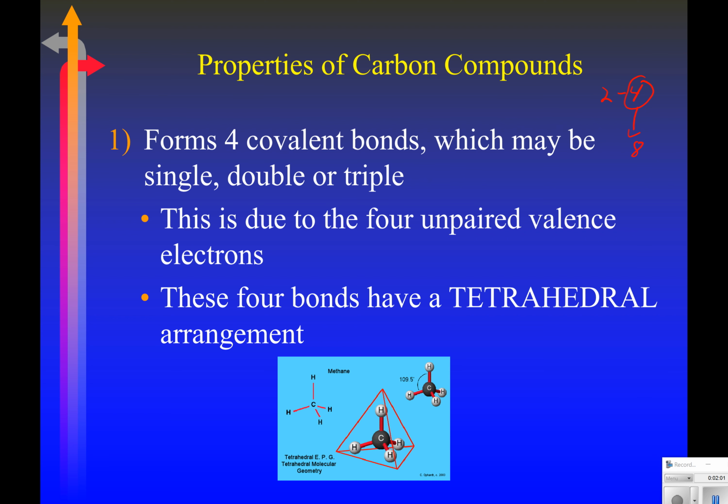And that's due to the 4 unpaired valence electrons that every carbon atom has. This gives a carbon compound what we call a tetrahedral arrangement. And if you remember from earlier in the year, that means we're going to have one atom making 4 bonds in what looks kind of like a pyramid shape. That's our tetrahedral arrangement.